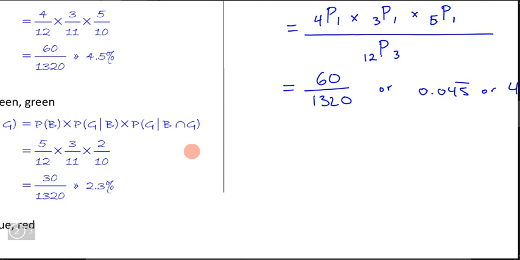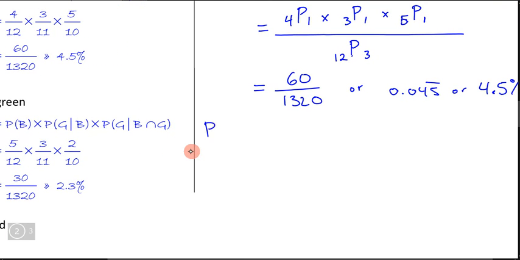Using my counting techniques, the probability of getting a blue, green, green in that order is my event, which is the number of ways to get a blue, green, and green in that order, divided by the total number of ways that you can draw 3 marbles.